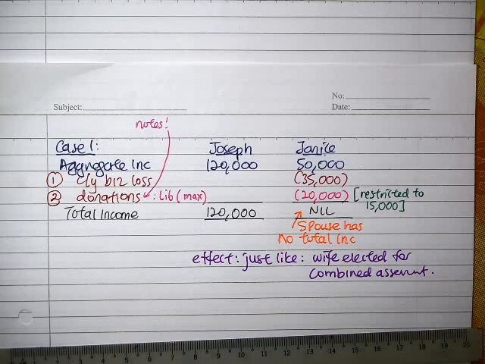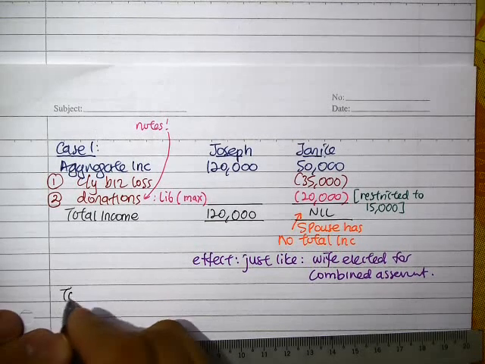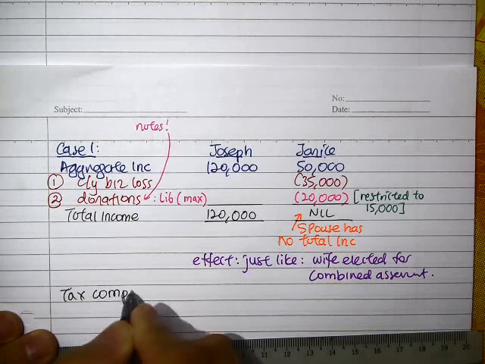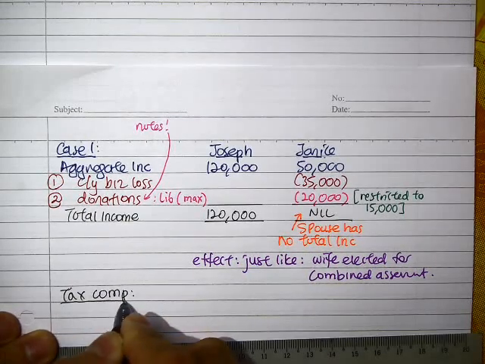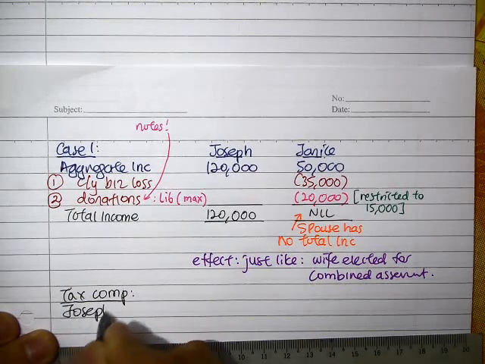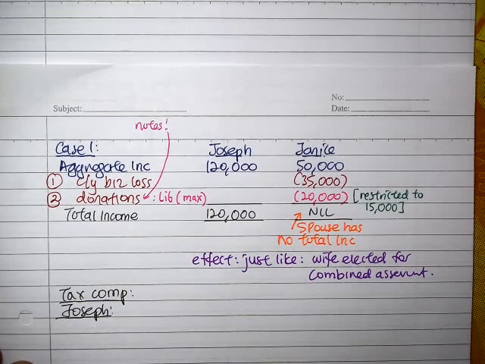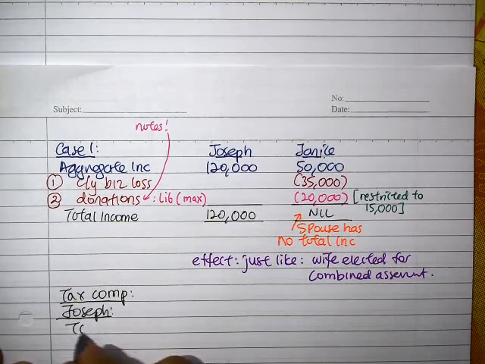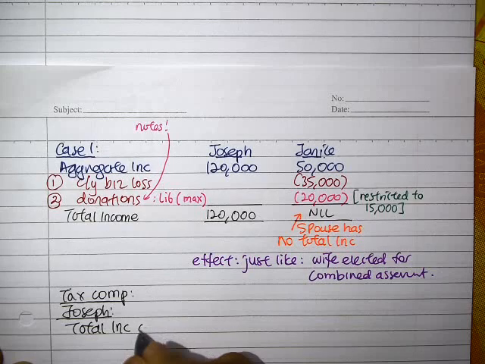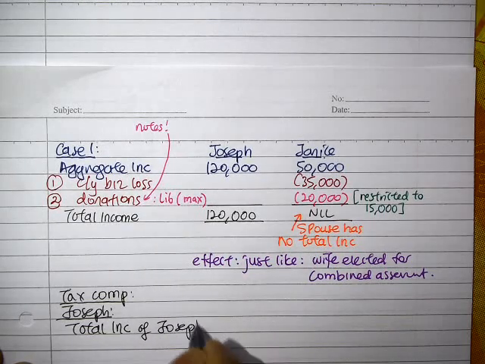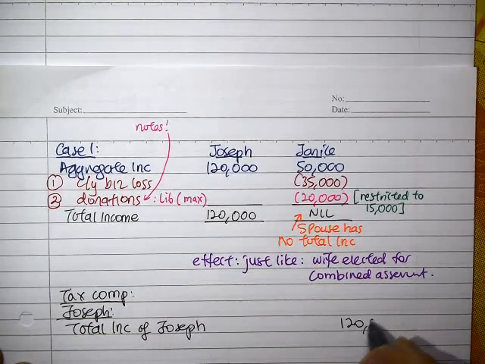Joseph has a total income of 120 and Janice has a total income of nil. Now when you have no total income, the spouse has no total income.